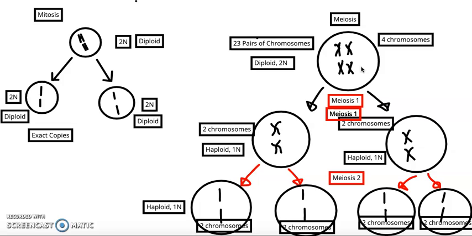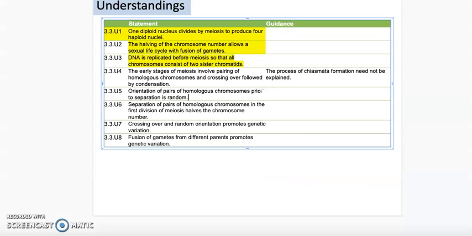So you could have this chromosome up here, this chromosome pair down here. And they're going to go through something called crossing over, which we're going to talk about later, that increases genetic diversity and genetic variation. Okay, and so it's just talking about that orientation and the lining up of the pairs of homologous chromosomes, which is random.